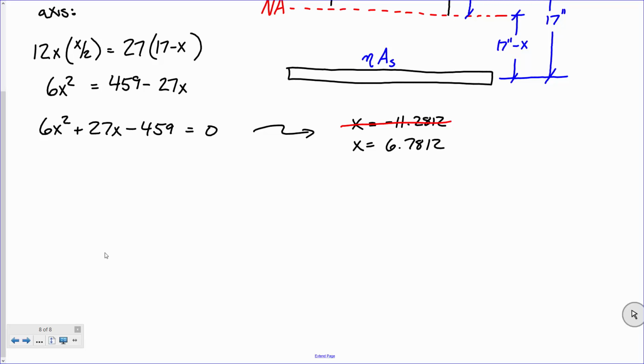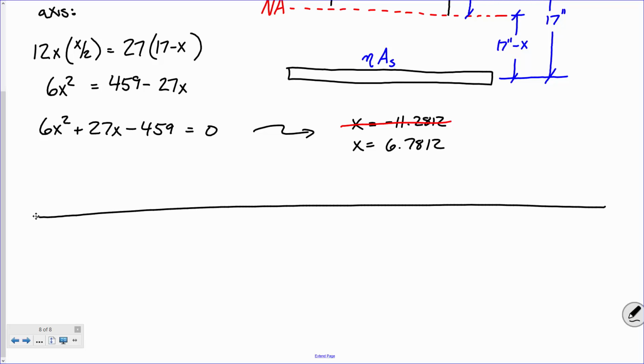Okay. Now, we need to calculate the moment of inertia of this cross-section, but we don't need to determine where the centroid is because we already have. That's what x was. That's the neutral axis. So we have a moment of inertia calculation we need to do, but it's going to be much shorter than what we've done before.